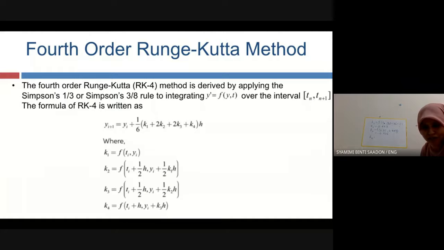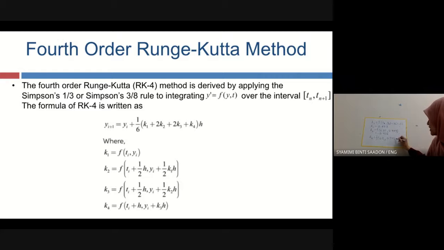And k4, finally, is the function of t0 plus h. So t0 plus h is 0.5, because t0 is 0. So we have f of 0.5, and then y_i plus k3 h, which will be 0.542.